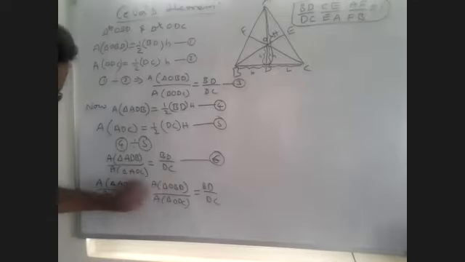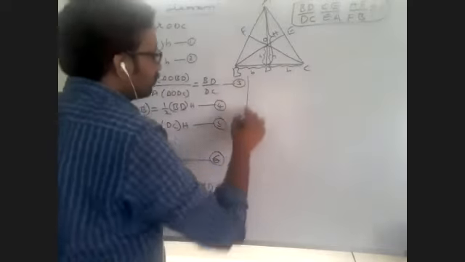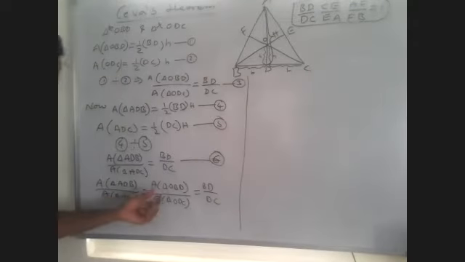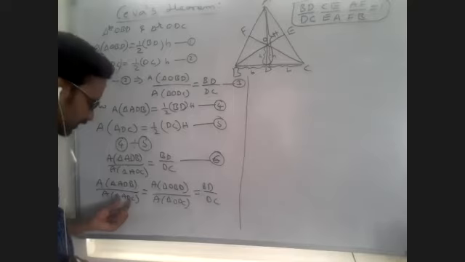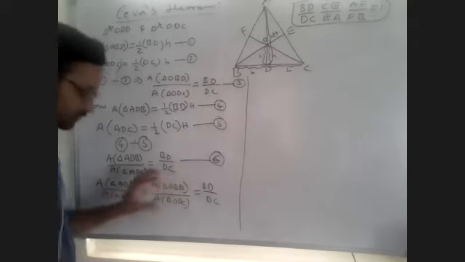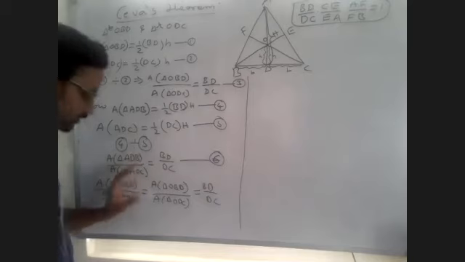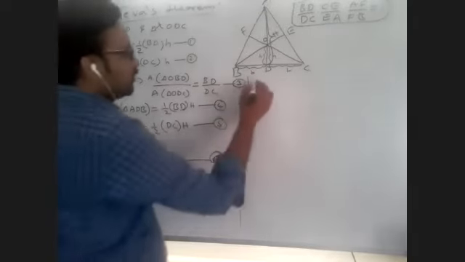Now I am using these two only. What I am doing here to get the proof, just listen carefully. I am taking triangle OBD on this side as denominator, and I am taking this ADB as numerator for the right side. For only this part, I am not using this part. Keep aside this part. I am using this part. See, I am taking this side. Then what you will get?